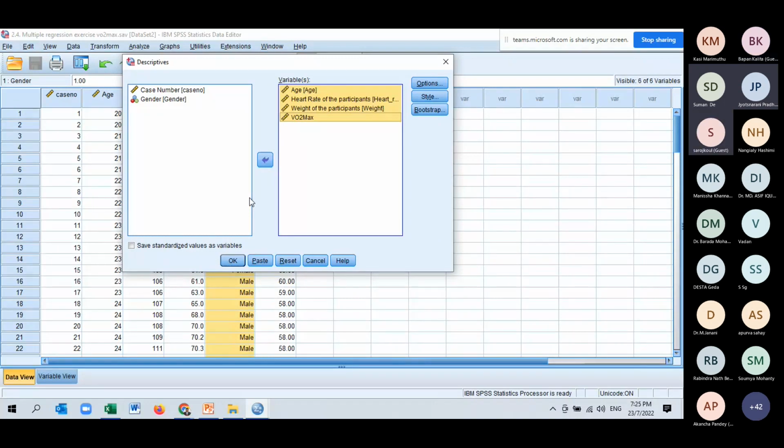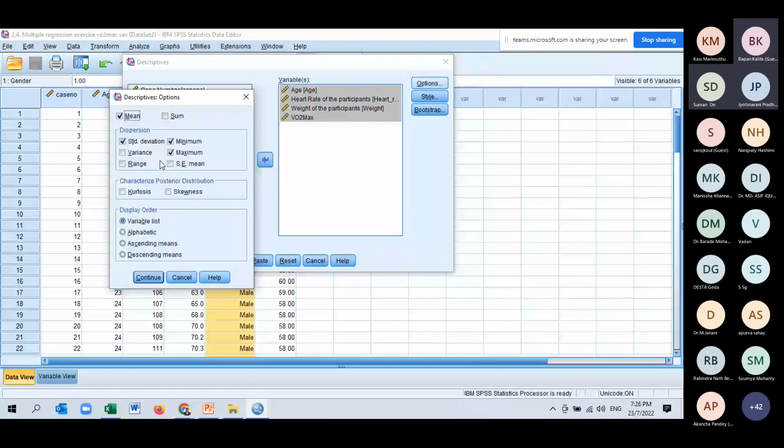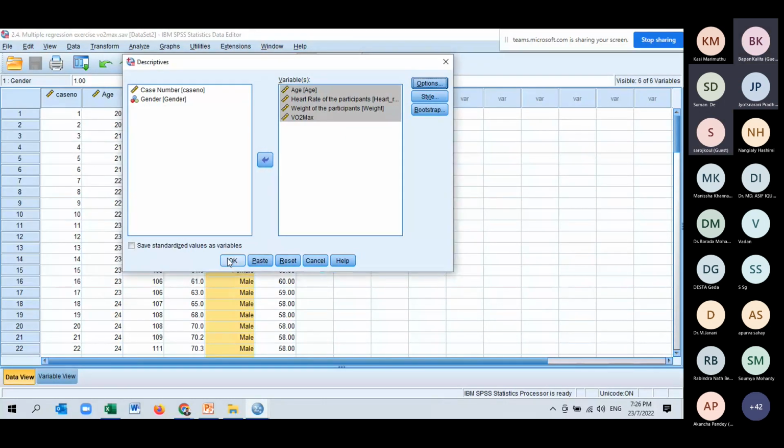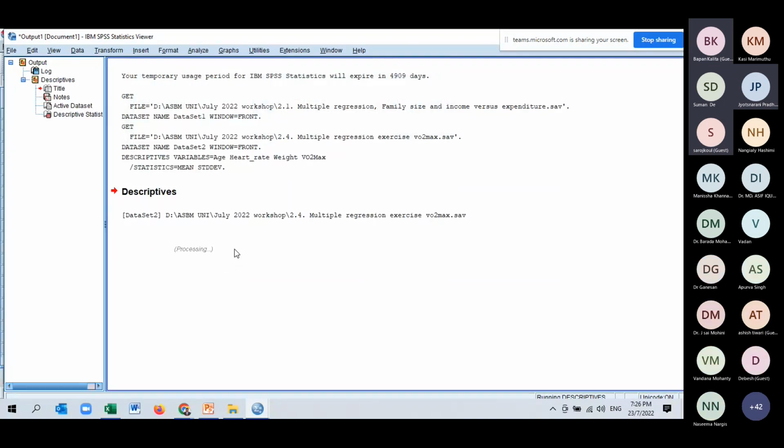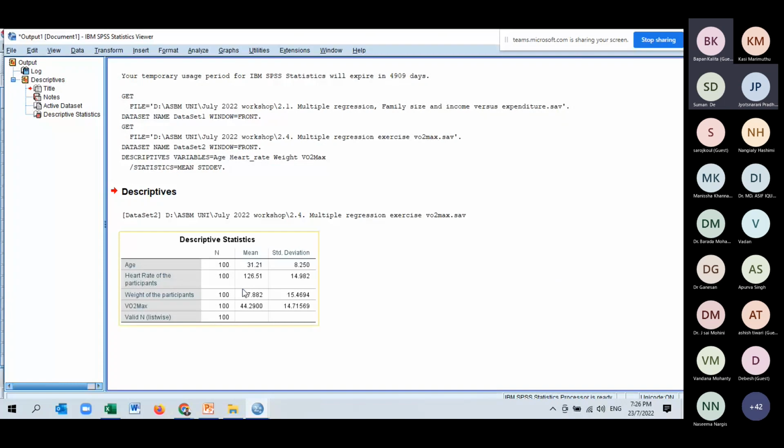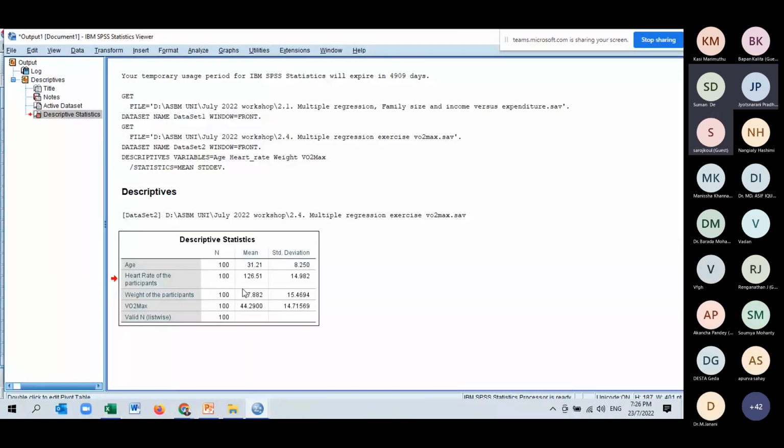I'm interested only in mean and standard deviation. Continue, and then click OK. So this is my descriptive output for explaining each variable.